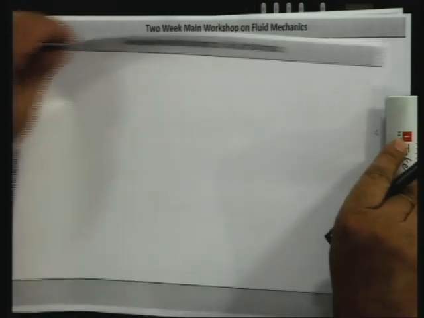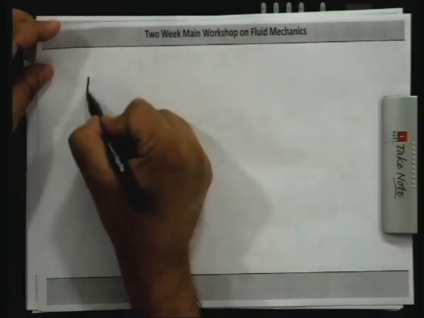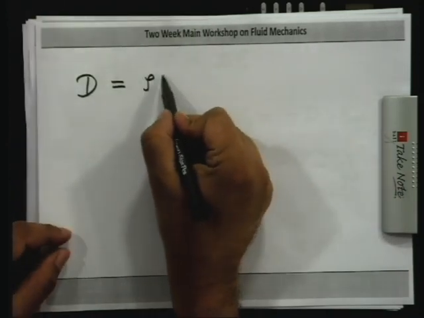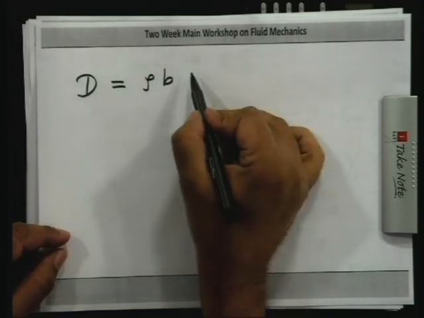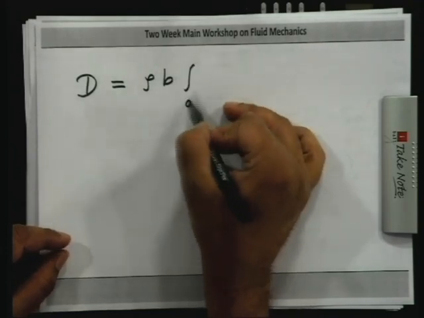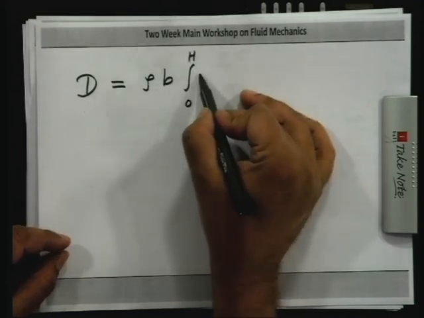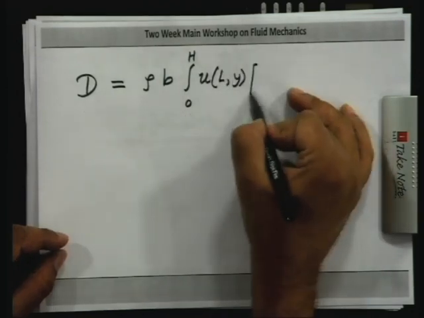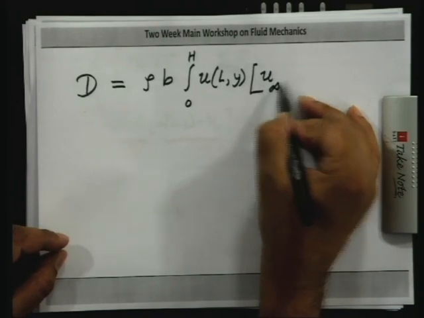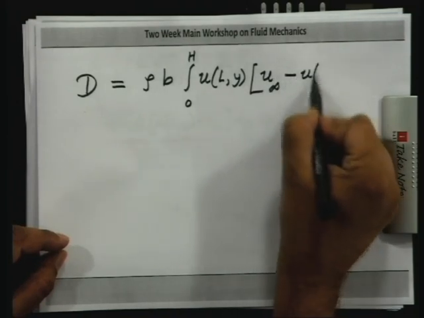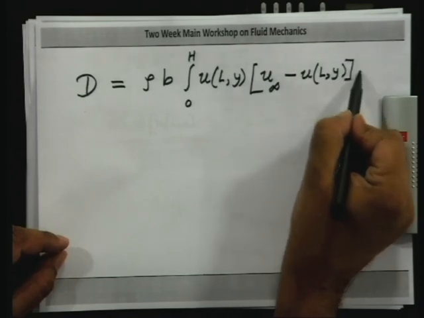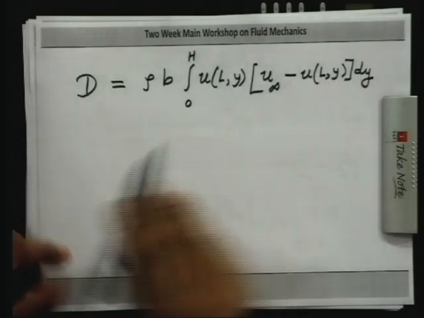So, you have this relation that D is rho b, integral 0 to h, u(y) into (u infinity minus u(y)) dy.